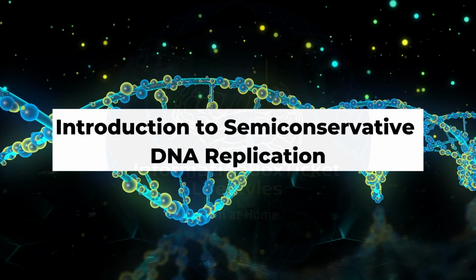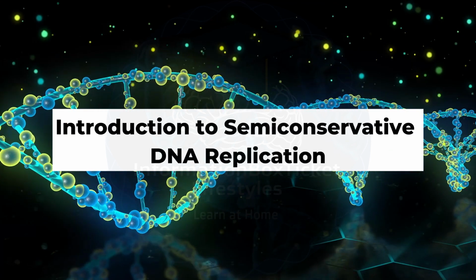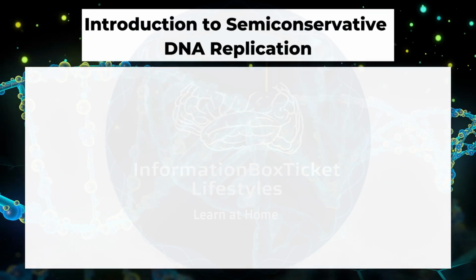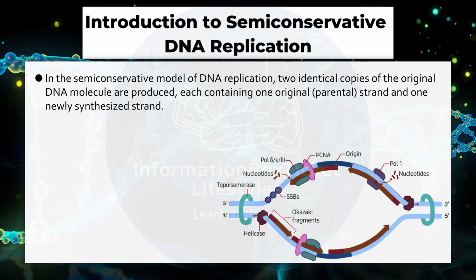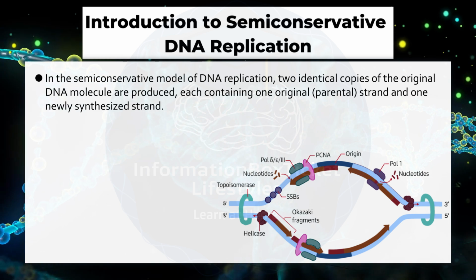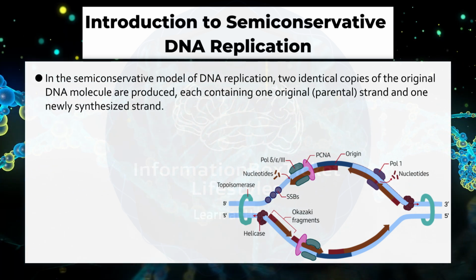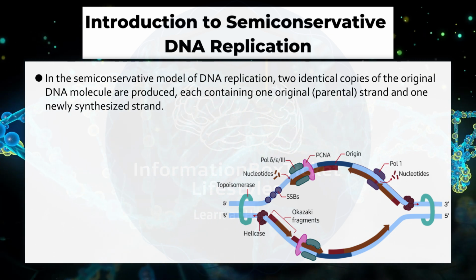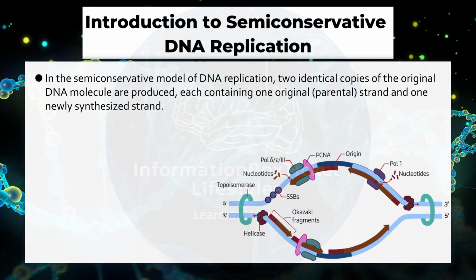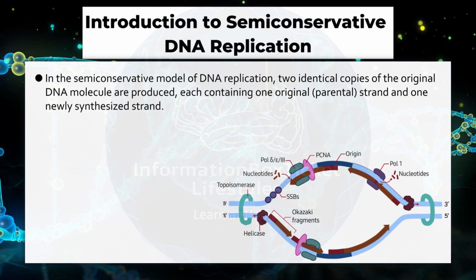Introduction to semiconservative DNA replication. In the semiconservative model of DNA replication, two identical copies of the original DNA molecule are produced, each containing one original parental strand and one newly synthesized strand.